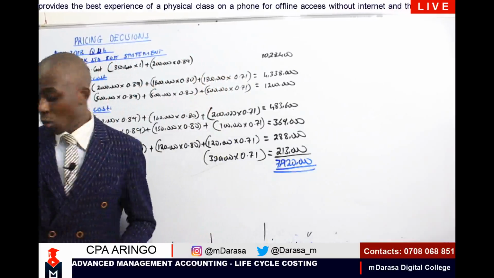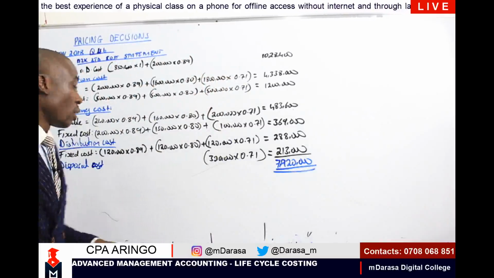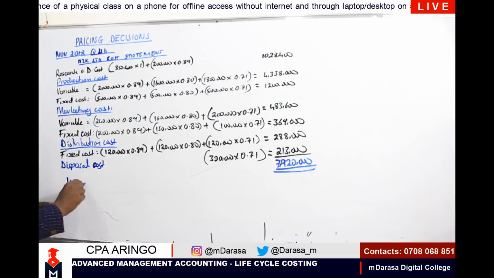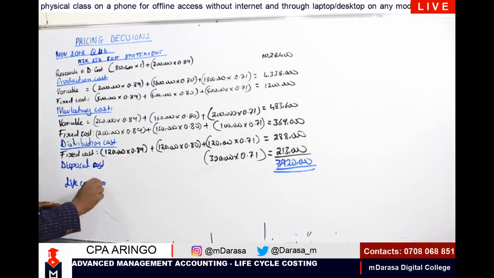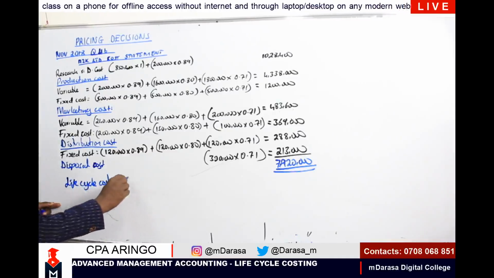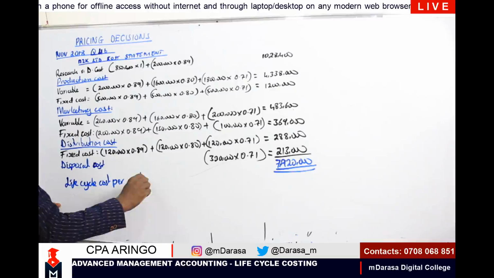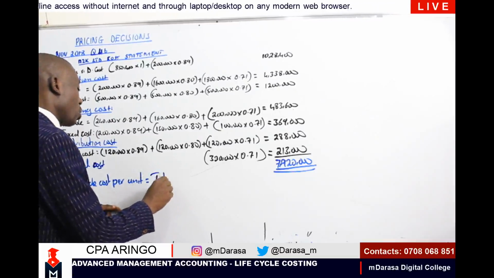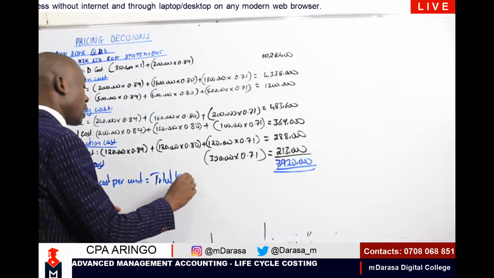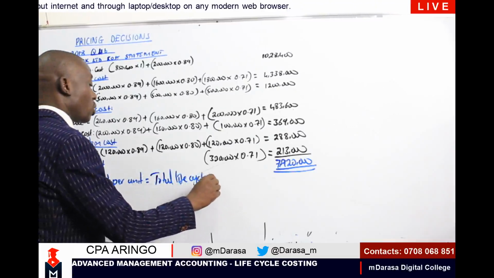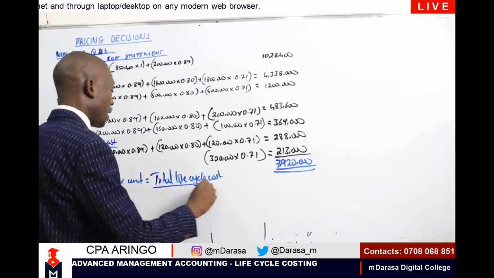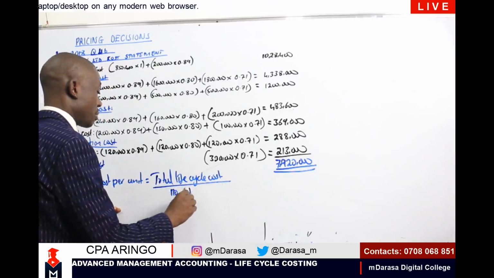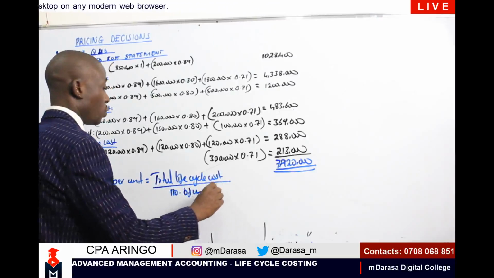The question here, we are asked about life cycle cost per unit. Having been asked like that, we know very well we are going to take our total life cycle cost and divide by the number of units.